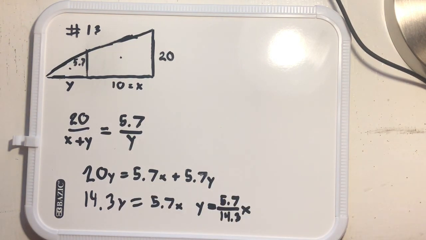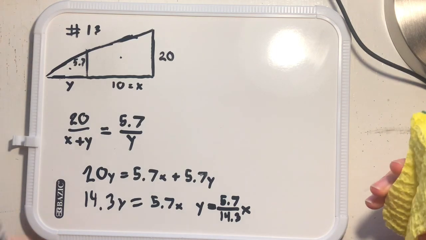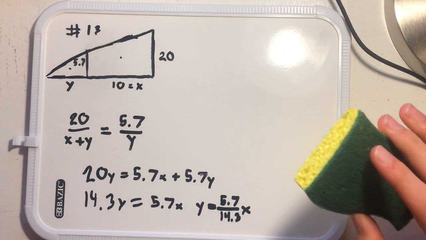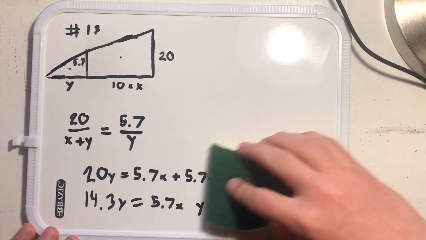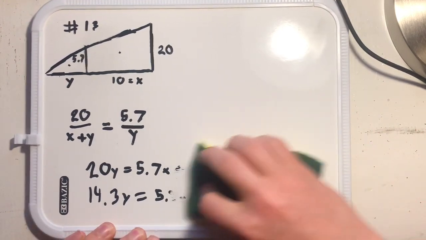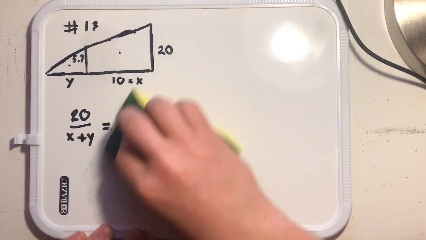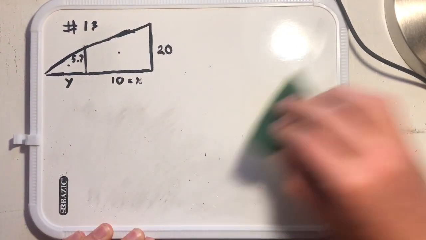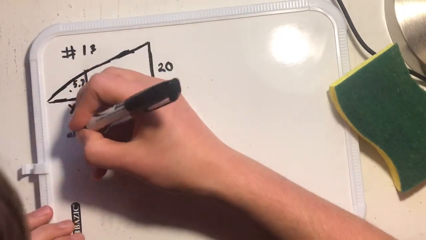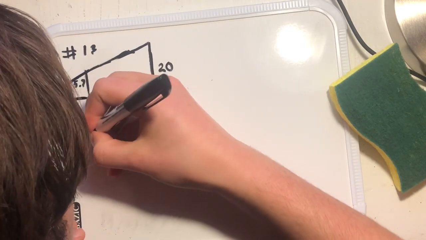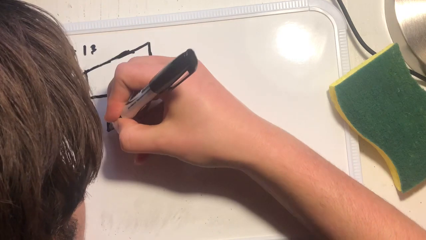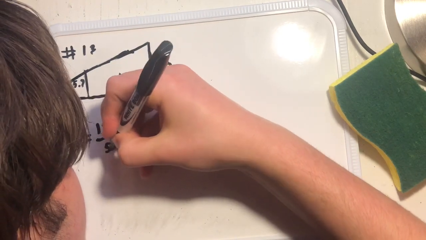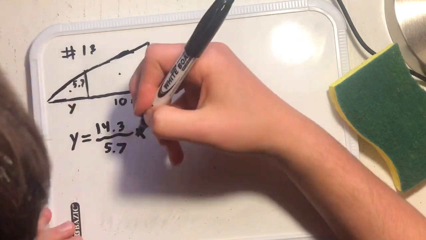Okay, I'm going to go ahead and erase most of this. Hopefully you've got that all down, since I have very limited space. So we know that y is equal to 14.3 over 5.7 x.